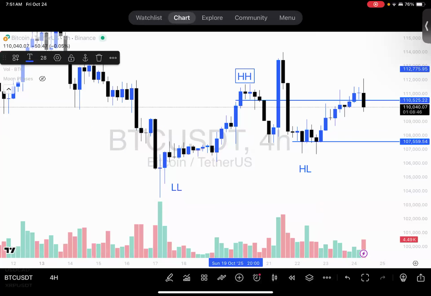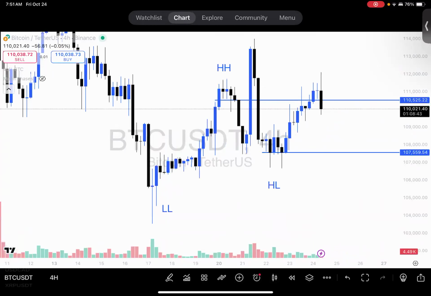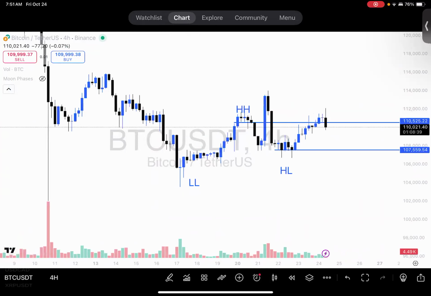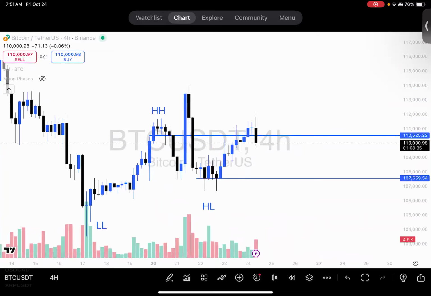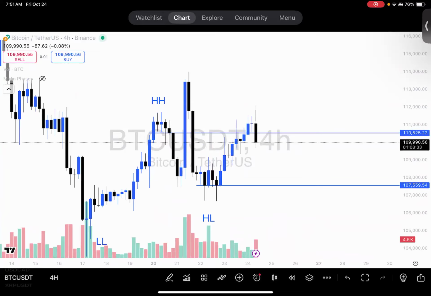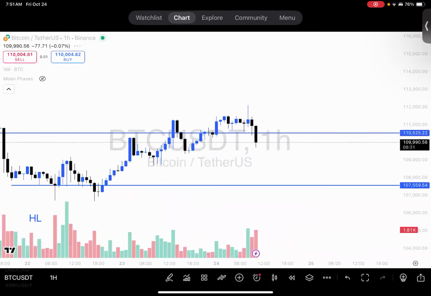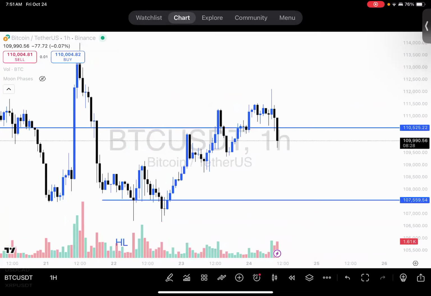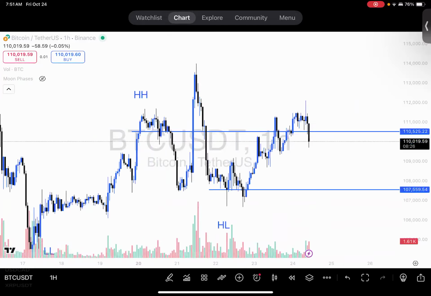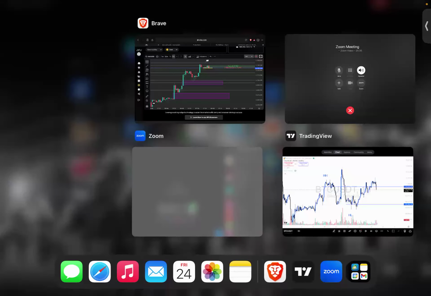So this is a market that is trending higher. So we want to be buying Bitcoin. Now where do we want to buy Bitcoin from? Right, that's the question. I also want to just see what gold's doing here.